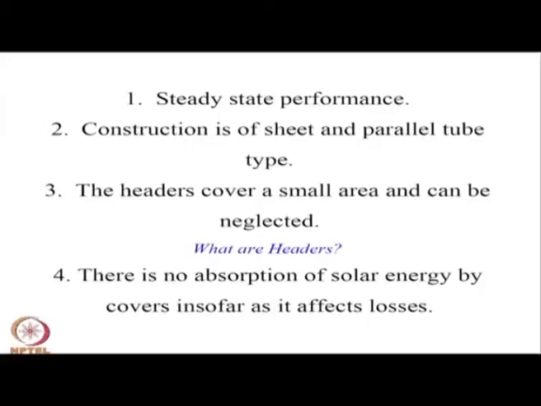Now, before we proceed with the analysis, we make a large number of assumptions. The list of assumptions one can really remember, but the implication is very important, particularly in solar collectors.